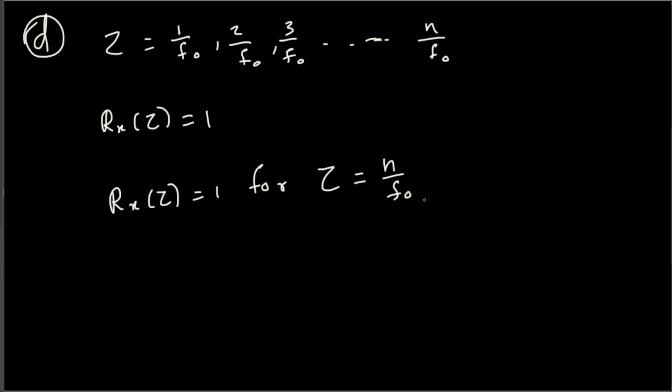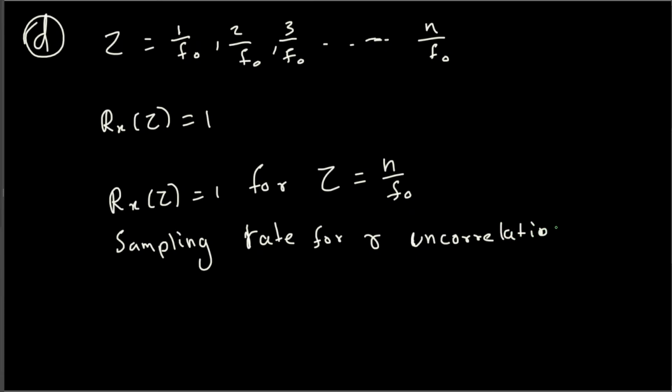Okay, and the sampling rate for uncorrelation is given by f is equal to 1 over tau, which is f naught over n.